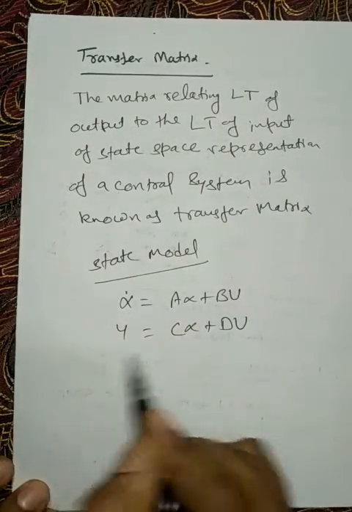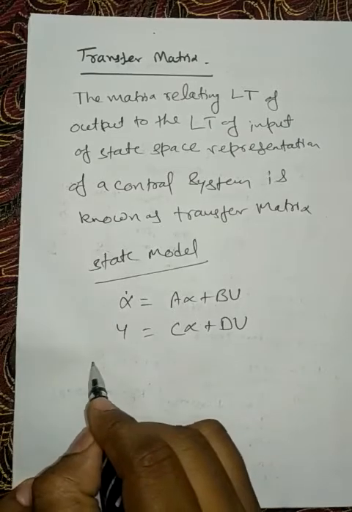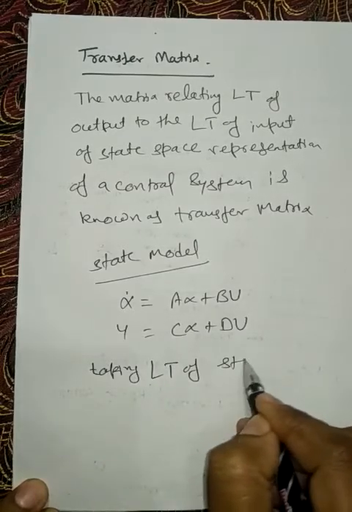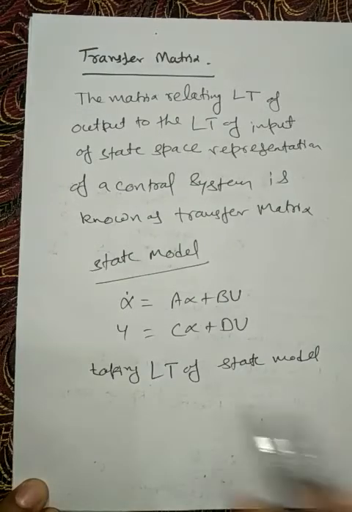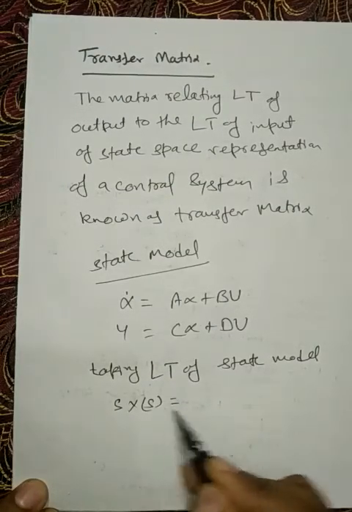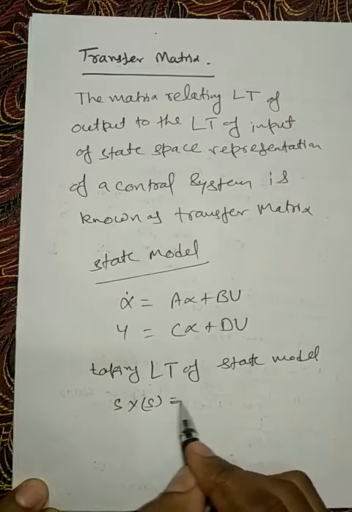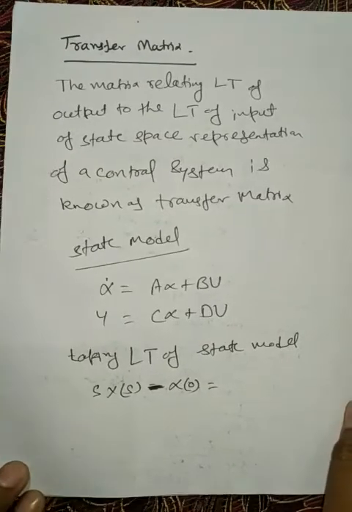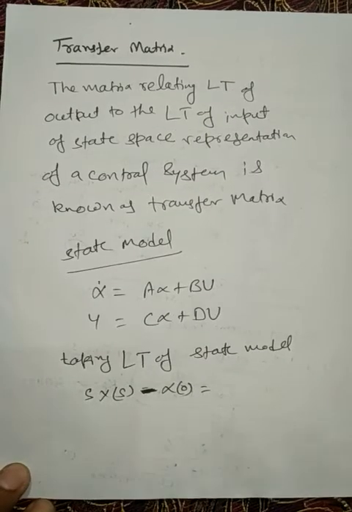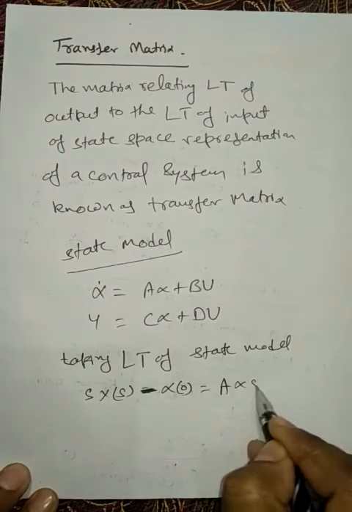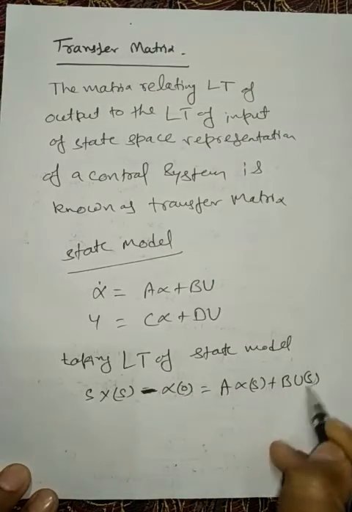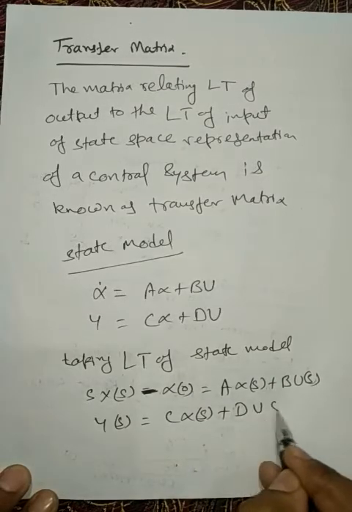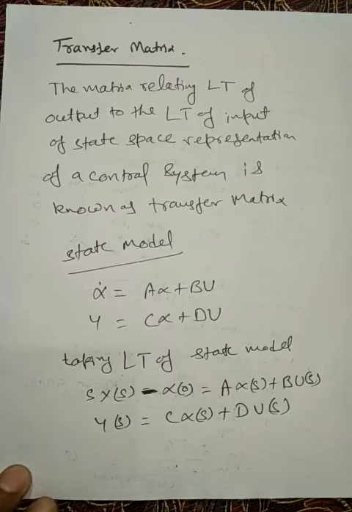After taking the Laplace transform of the state model, we get sX(s) minus x naught, considering the initial conditions, is equal to AX(s) plus BU(s) and Y(s) is equal to CX(s) plus DU(s), right?